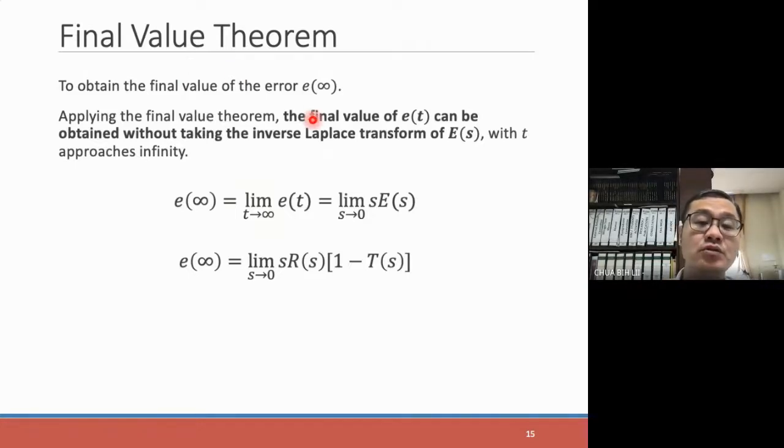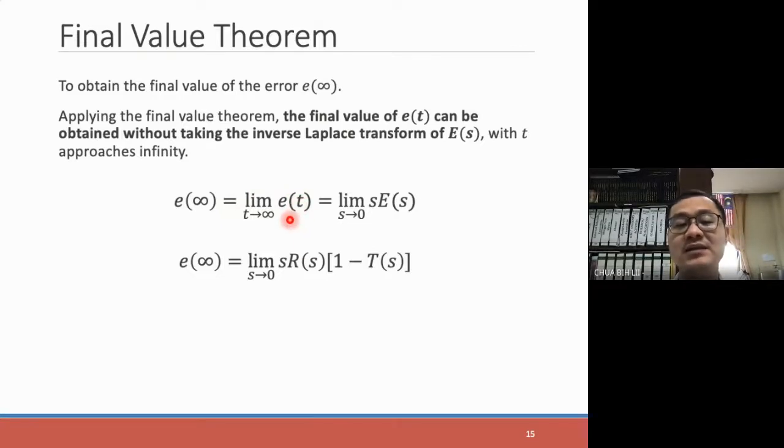Here the formula is the error when the time is infinite or large enough. It can be estimated by taking the limit when the time goes to infinity, for our error function.